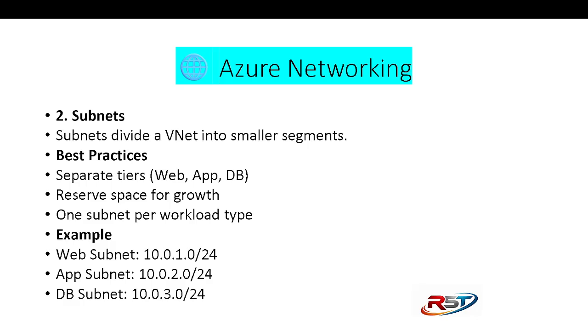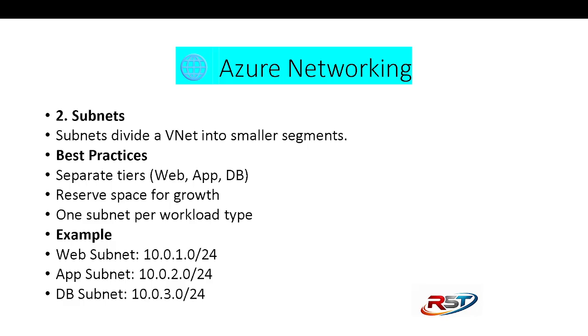One subnet per workload type. For any workload like web, QA or prod, we assign one subnet, and we create VMs in that subnet.